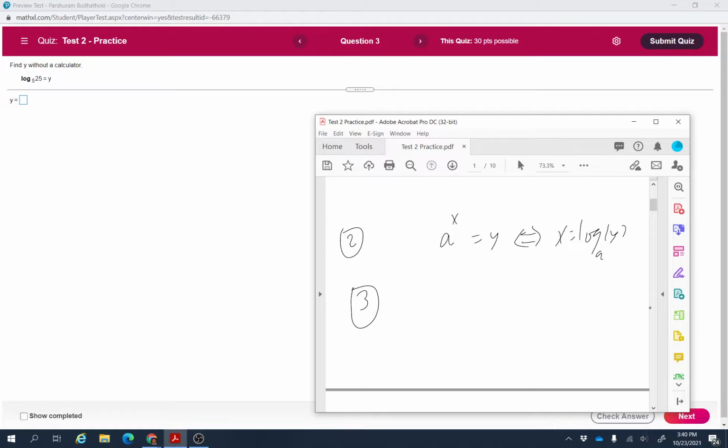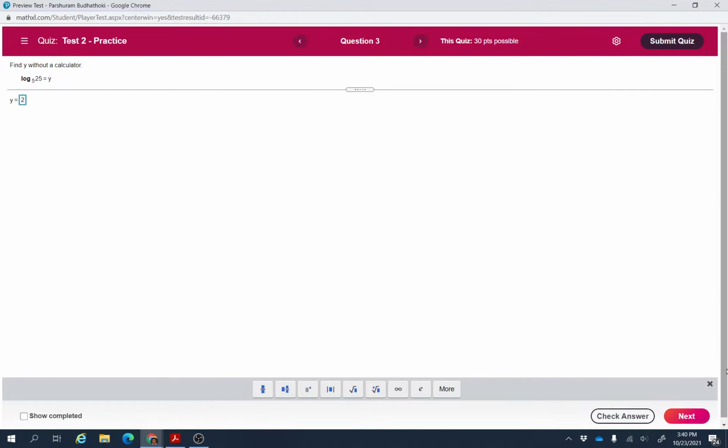So if we go from here to there, we get 25 equal 5 to the power y, 5 to the power y equal 25. We need to solve this equation, which is 5 squared equal 25, right? So the exponent on the left side should equal the exponent on the right side. So y equal 2. We are looking for the value of y, which is 2.